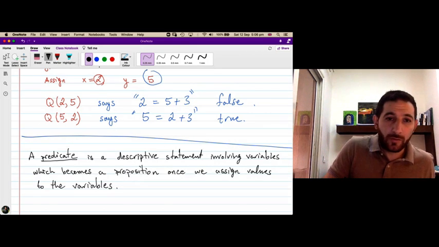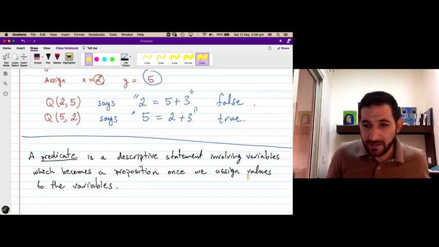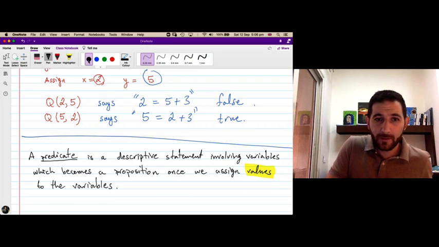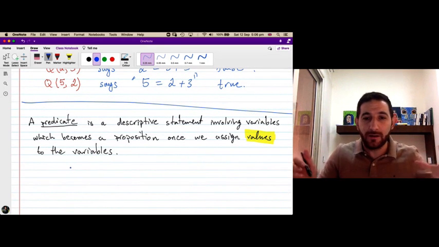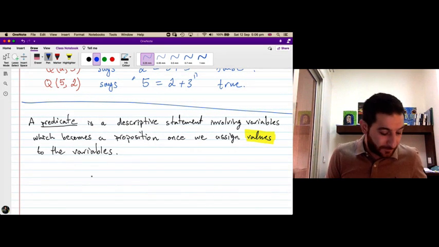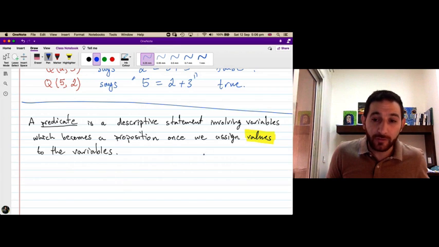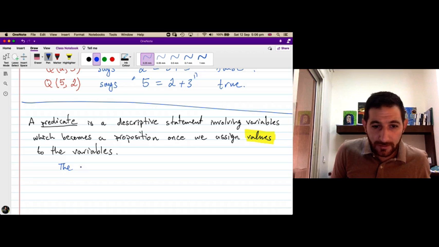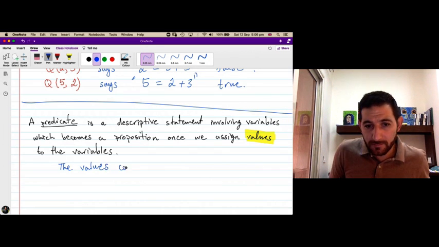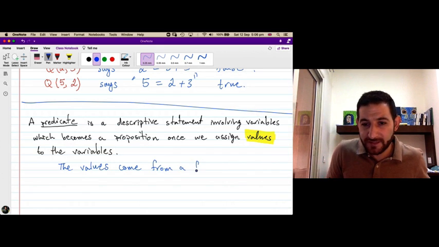Okay, there's one thing we also assume: that every predicate comes with a domain or universe of discourse which contains the values of the variables. So the values come from a fixed collection of objects, from a fixed domain.